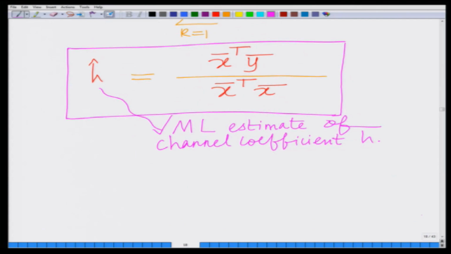Now, one can extend this naturally to the complex parameter scenario. For a complex parameter, a simple trick is to replace the transpose by the Hermitian operator, and we will keep using this trick often.